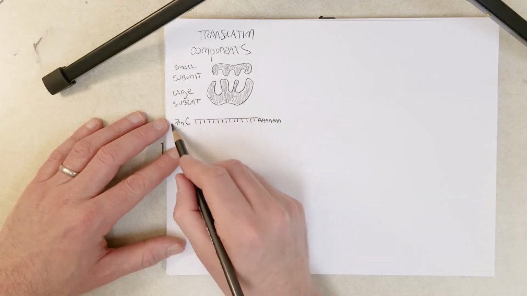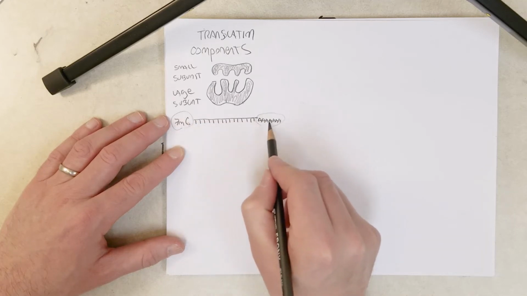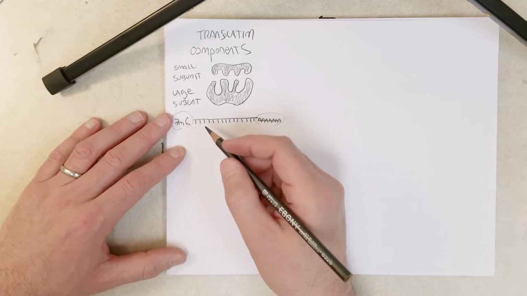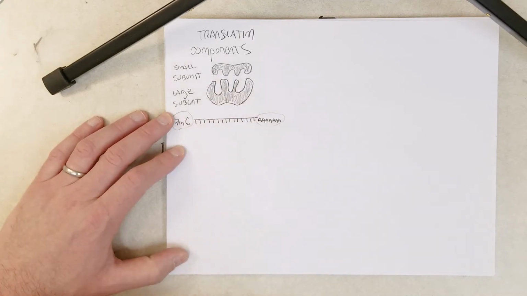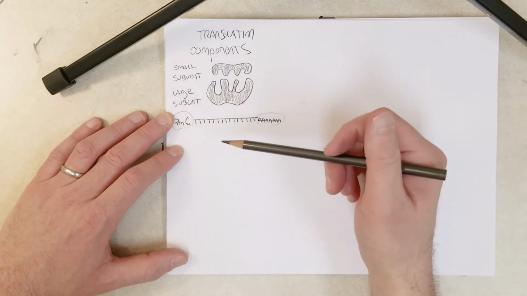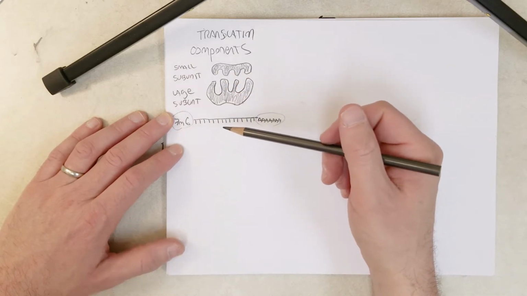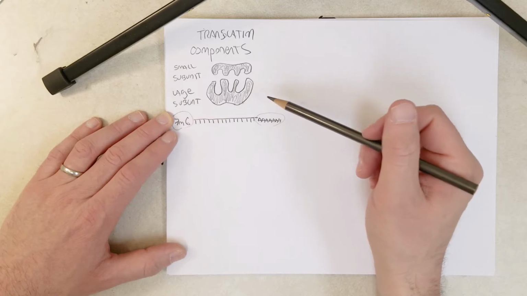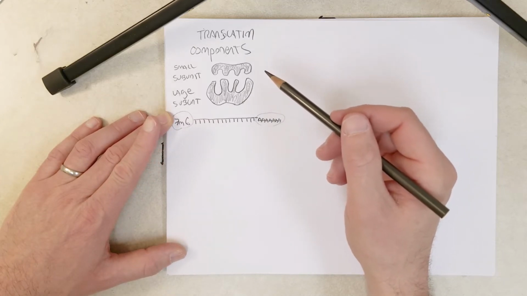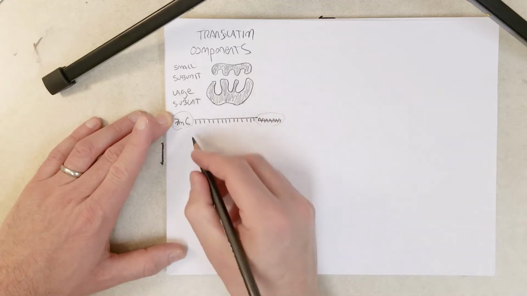Here I'm pointing out eukaryotic-specific modifications to the RNA. For the most part, translation is going to work the same way in prokaryotes and eukaryotes, and we're not going to be too concerned with the slight differences between the mechanisms in both types of organisms.